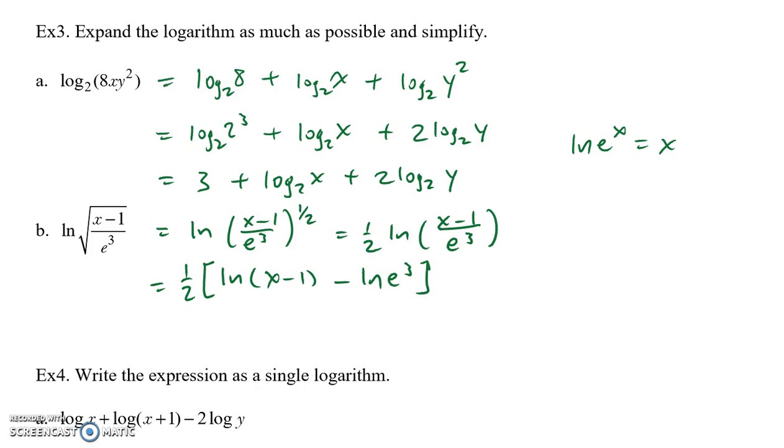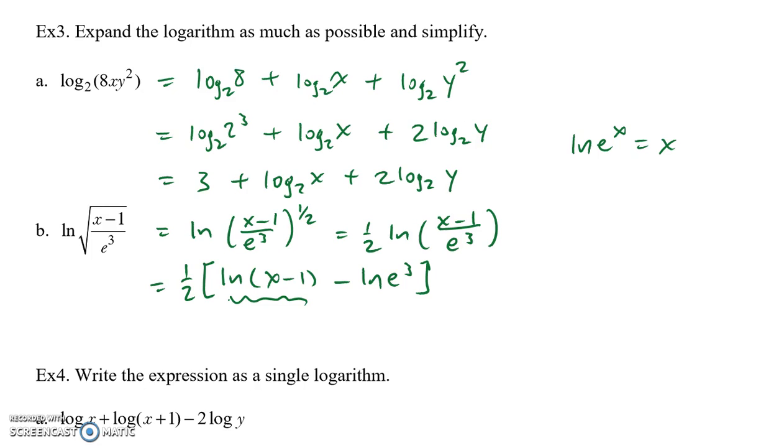The other thing I should mention is this first expression, ln of x minus 1, cannot be expanded as ln of x minus ln of 1. We cannot split up the logarithm of a sum or difference. So you want to avoid rewriting such logarithms.